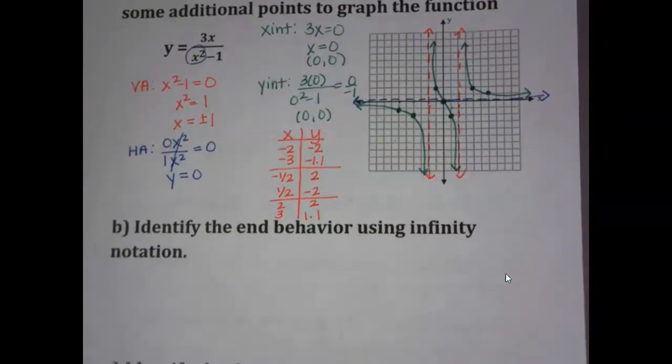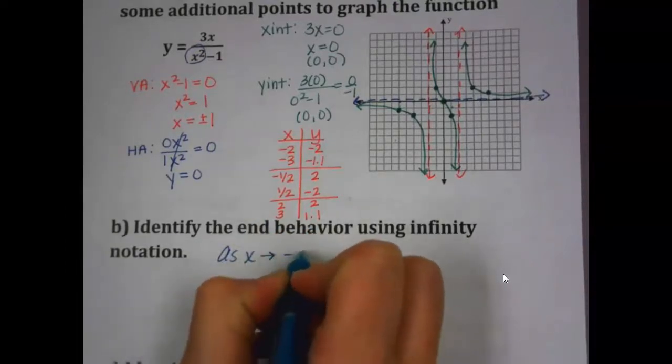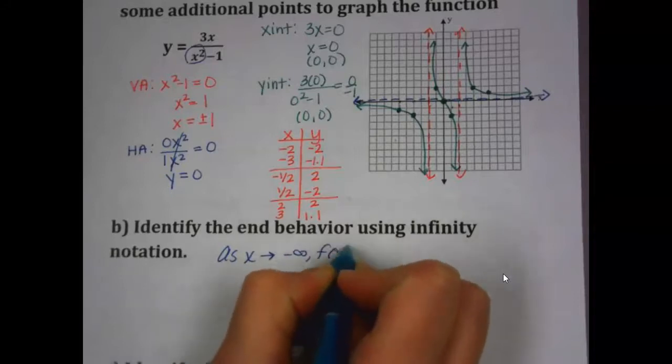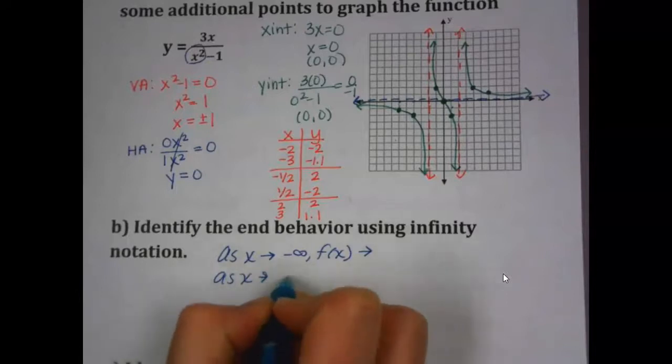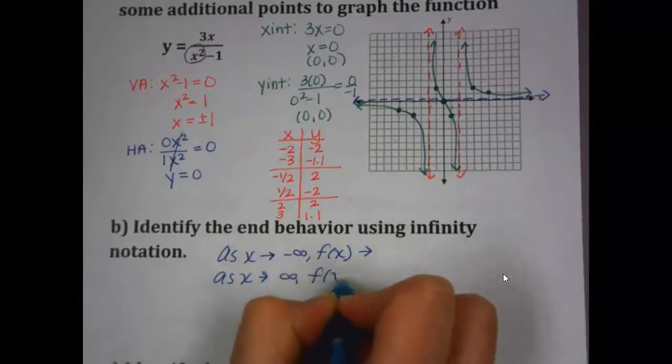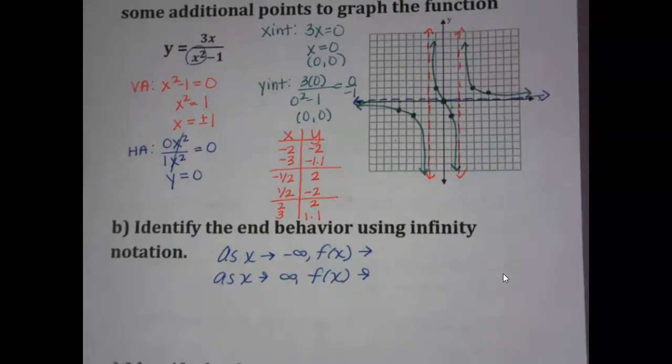Again, we're going to identify the end behavior. So we have our 2 stems as x approaches negative infinity, f of x approaches blank. And as x approaches positive infinity, f of x approaches blank. It's just fancy math notation for as you go to the left, what does your graph do?